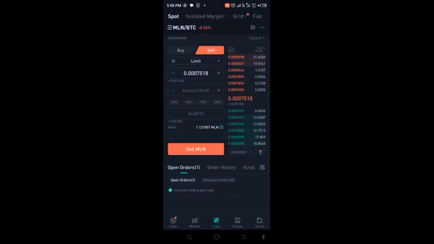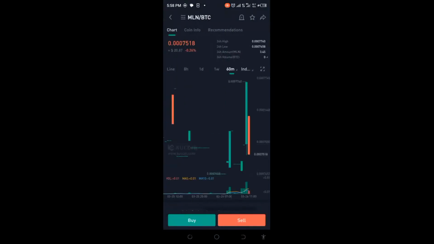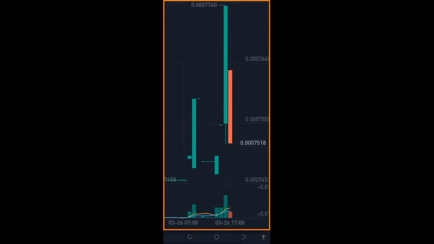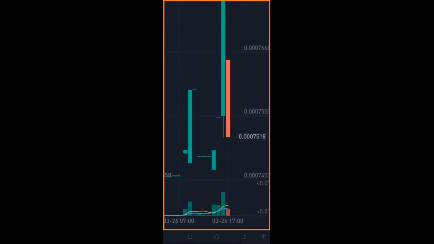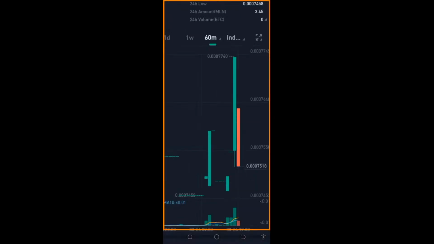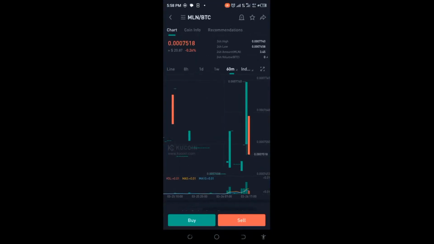Can you see that MLN BTC has gone down? It was 774. Wow. Are we going to have to do a spot trade here? It was 774, and within just how many minutes it went down?